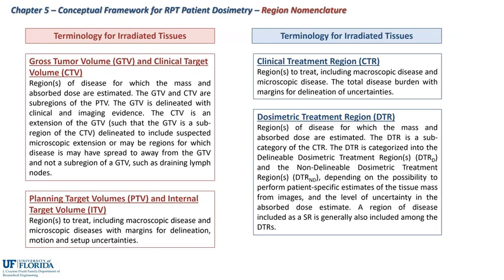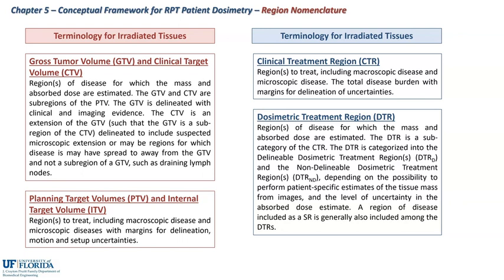In our report, we define the clinical treatment region to treat, including macroscopic disease and microscopic disease, total disease burden with margins for delineation uncertainties. We define the DTR, dosimetric treatment region, for which the mass and absorbed dose are estimated.